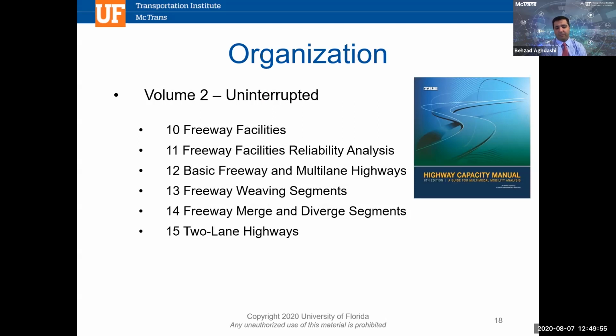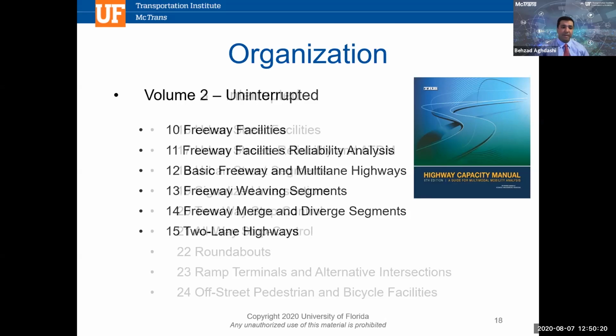Primarily, it's going to be freeways and highways. If I want to go over them, we have methodologies for freeway facilities, a methodology for travel time reliability analysis, and then segment level chapters for basic, merge, diverge, as well as weave segments. And at the end, we have methodologies for 2-lane highways as well as multi-lane highways.